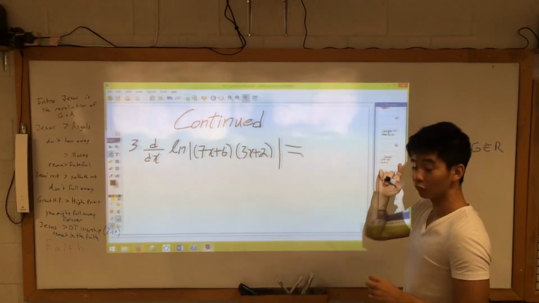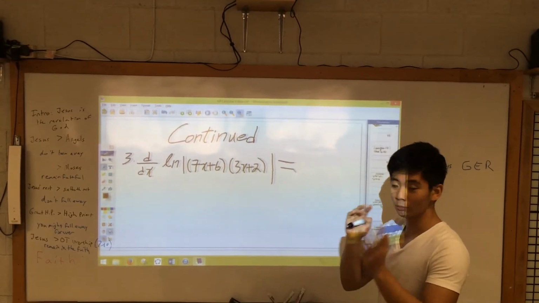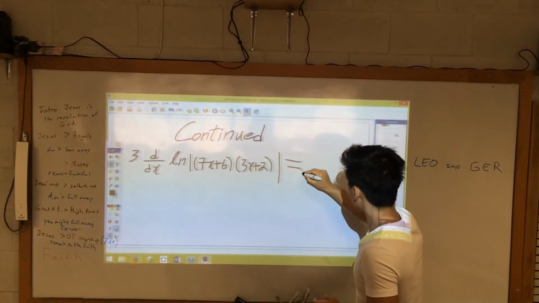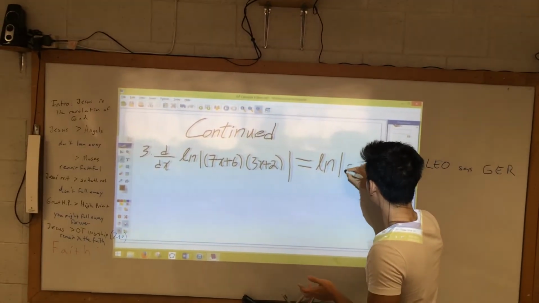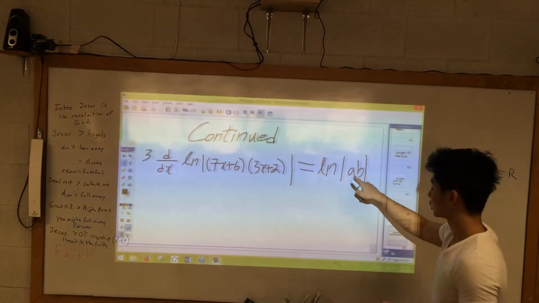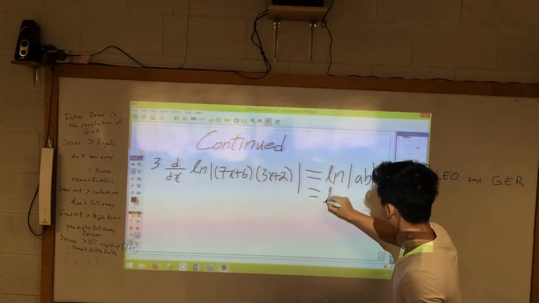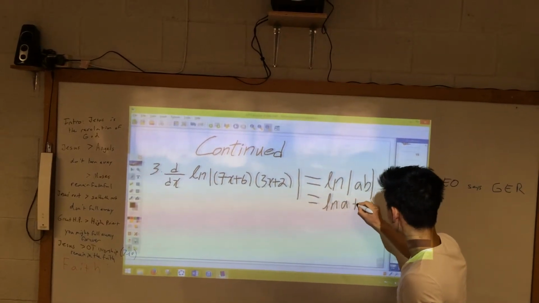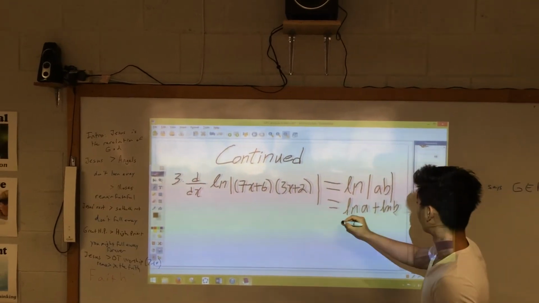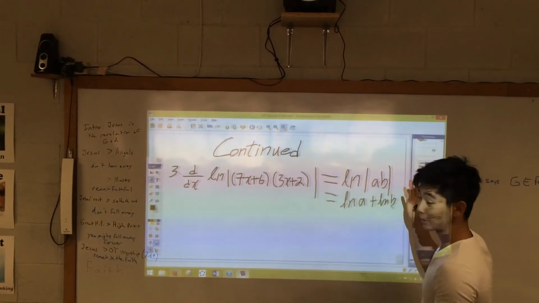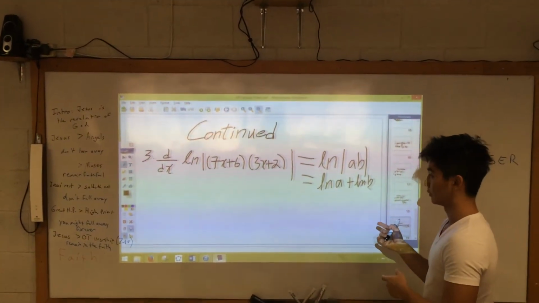Remember that of the various tricks that you can learn, a super valuable one is if a problem appears in this format, ln(ab), with each letter representing a different function, this equals ln a plus ln b. The same case occurs for functions that are being divided. ln(a/b) equals ln a minus ln b.